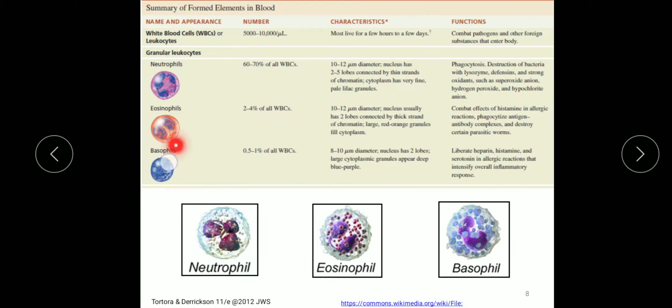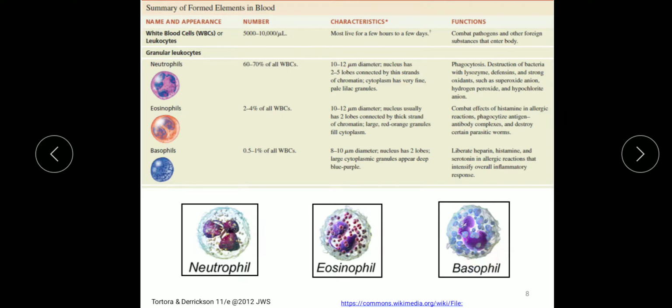Basophils have round, variable-sized granules which are basophilic. They stain blue-purple with basic dye. The granules commonly obscure the nucleus, which has two lobes.